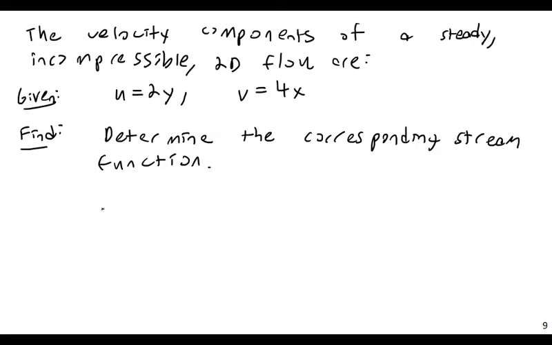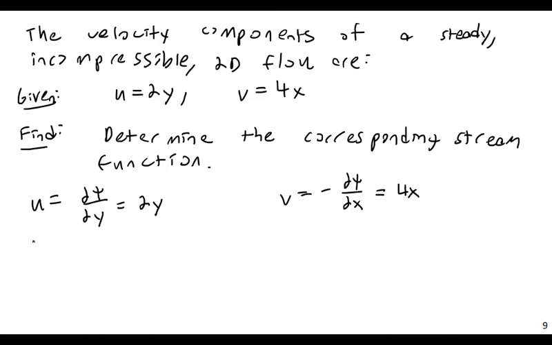Basically, that's all we really want to do. So u, which must be equal to the partial of psi with respect to y, is equal to 2y. And v, which is equal to the negative partial of psi with respect to x, is equal to 4x.